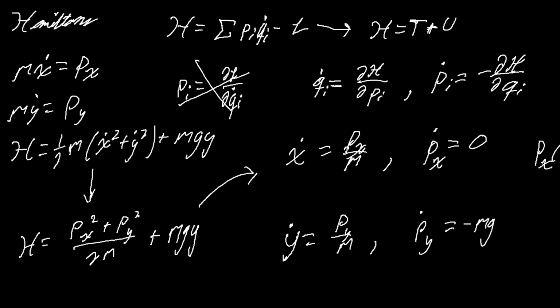p_x of t. We know p_x of t is just equal to some constant, and x dot of t is equal to p_x over m.